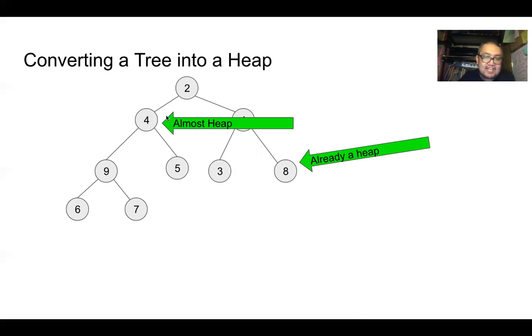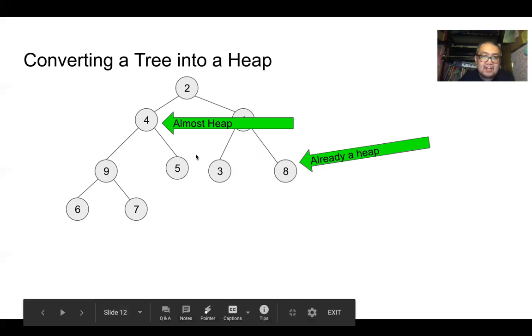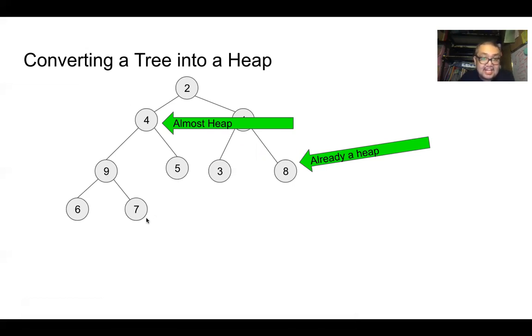An almost heap is a binary tree where the left subtree is a heap, the right subtree is a heap, but the whole tree is not yet a heap. Why is that important for us? Because it's easier to convert this into a heap when we have an almost heap. If you will notice, the technique is we start below and then for each level, we convert it into a heap so that we can form almost heaps.